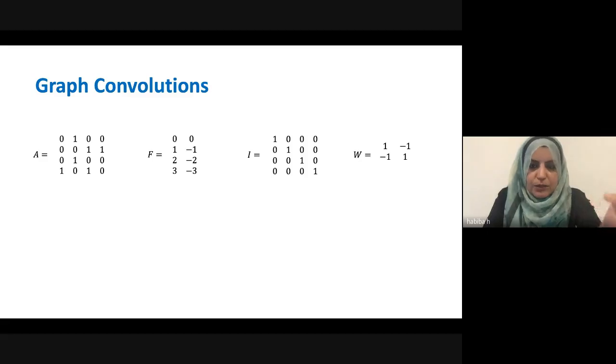And then we have W, which is our set of weights. These are the weights associated with these features, and this is something that we want to train, that is, how much certain features are reflective of the output we are interested in.